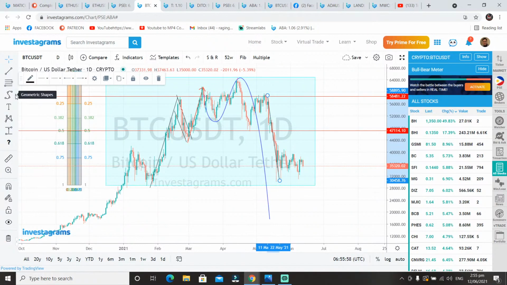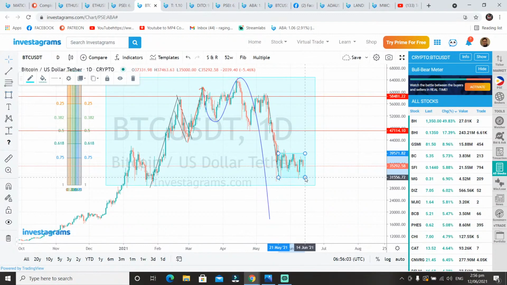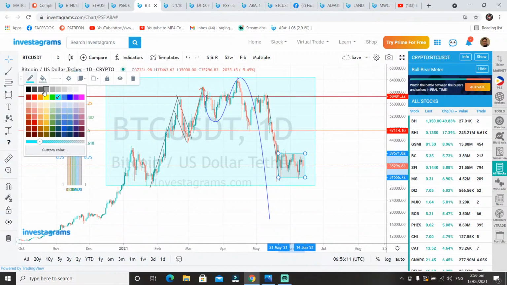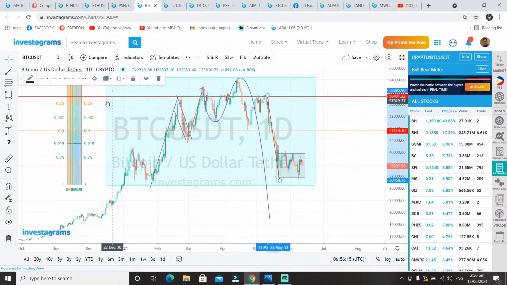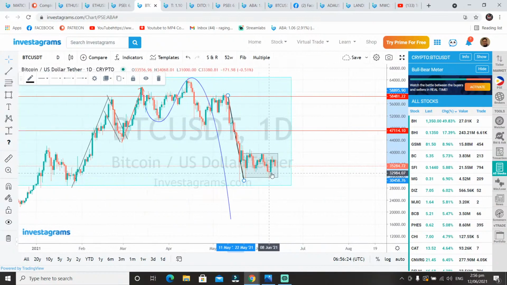So maybe I can just make a rectangular pattern. Okay. So usually that's a bearish pattern. Okay. So you have that. You have this. So that's why my biases and trade plans are mostly for a short trade. So I just made an exemption for that one.